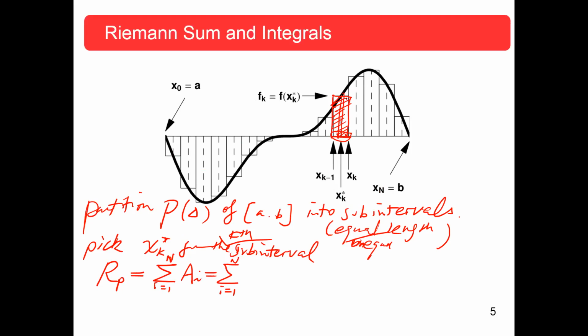It would be base times the height. The base will just be the length of the subinterval, which is delta x_i, if you recall. It's the change in the x amount. And the function value would be just the height, so the height will be f of x_i star, the representative point. So this is a Riemann sum.